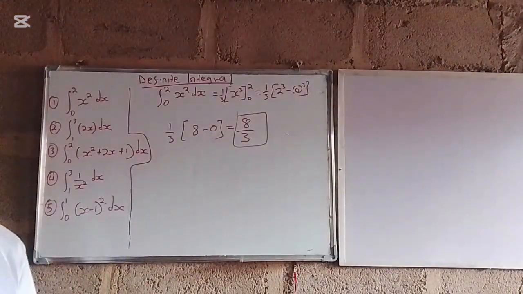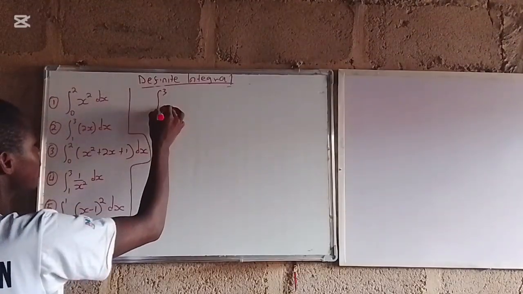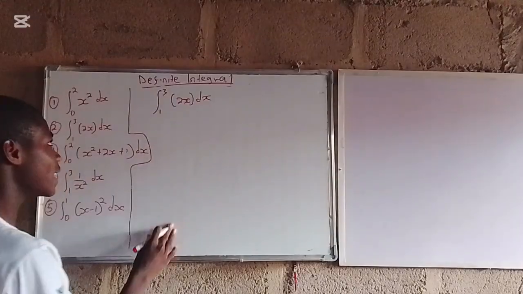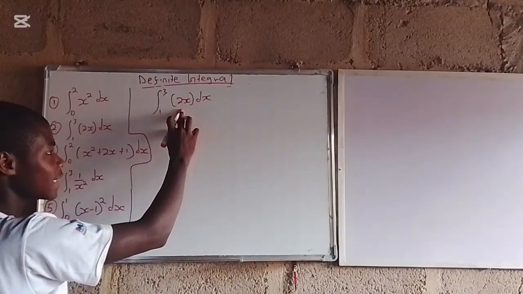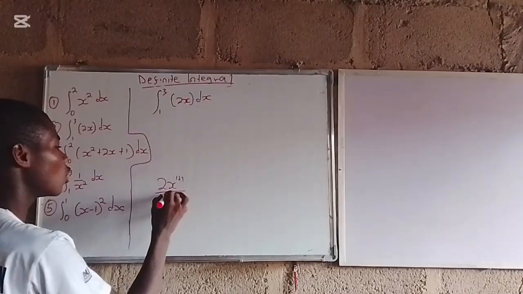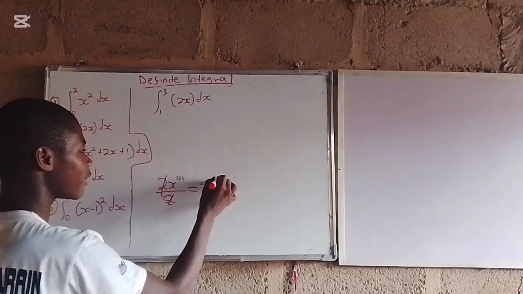The next question says integral from 1 to 3 of 2x dx. How can I integrate this? You all know that if I integrate 2x, I add 1 to the power of 1, divide by the whole, which is 2, and therefore the 2 will go with 2. I'll have x squared, from 1 to 3. Then I substitute the upper limit, 3, in place of x and square it, and subtract, putting the lower limit 1 in place of x.